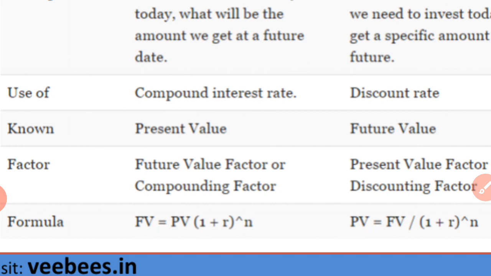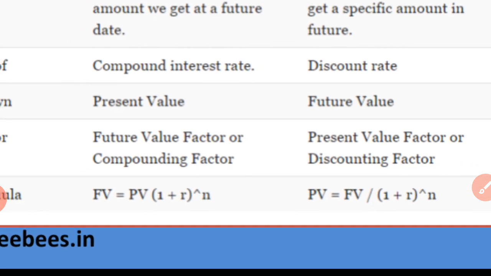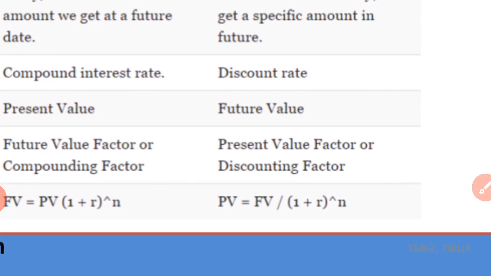The factor used in compounding is the future value factor or compounding factor, whereas in discounting we use the present value factor, PVF, also known as the discounting factor.